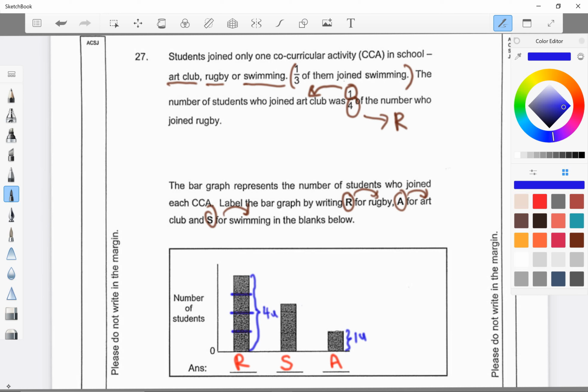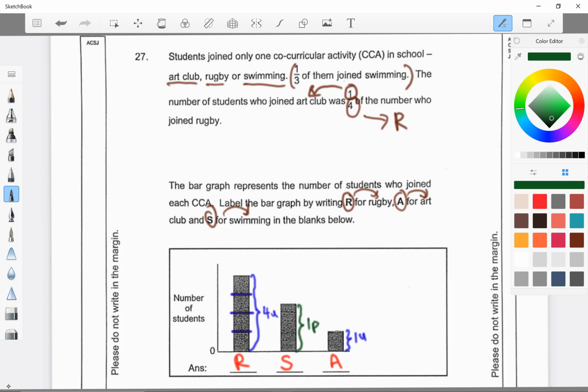And this will also mean that my swimming, I will call it 1 part. And if I were to transfer the art club over to this rugby, it has got to be nearly double. It has got to be double of the swimming. Because if my swimming is 1 part, is 1/3 of the total, my rugby plus art club combined together.